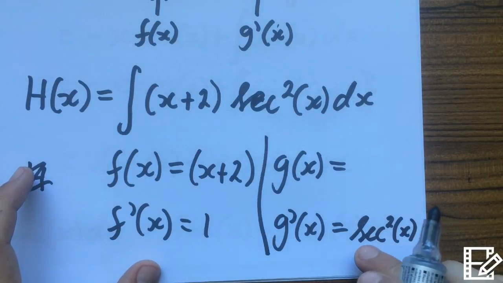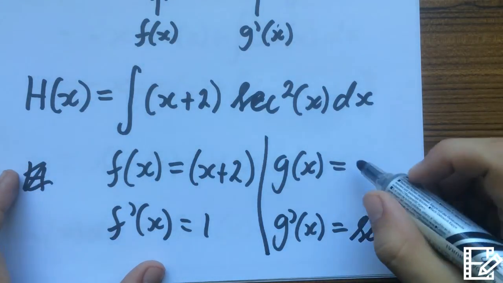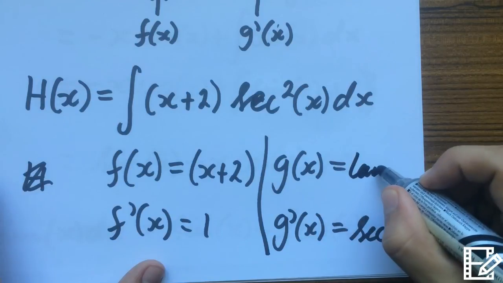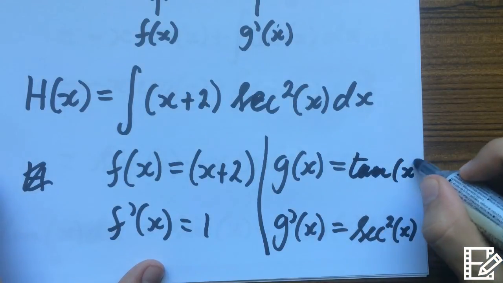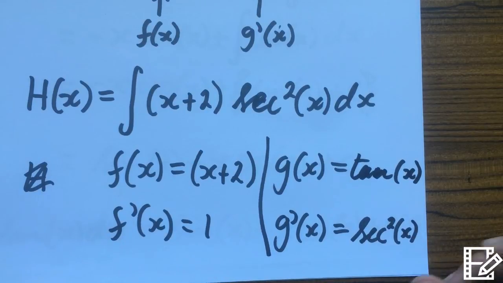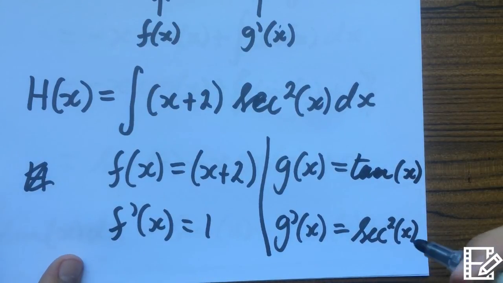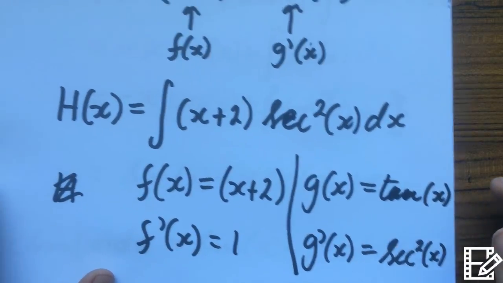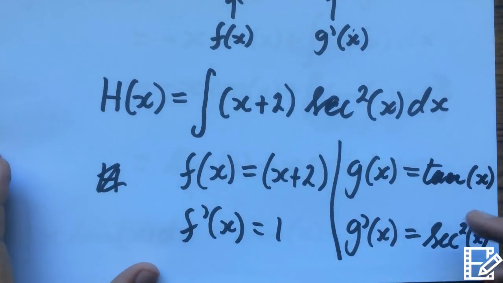So when you integrate sec squared x, you get tan x. Knowing trigonometric functions and their derivatives and their integrals makes things much easier in this process. But if you don't, you can always look it up.